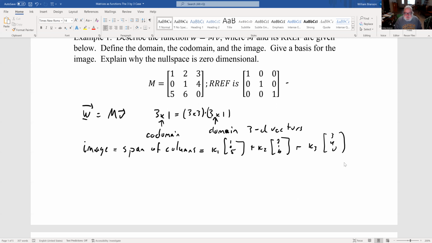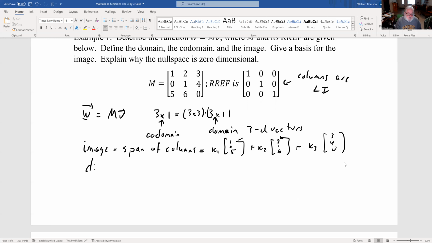We see here the columns are linearly independent because we have 3 leading ones and no parameters. And so the dimension of the image is 3-dimensional because these are linearly independent vectors.